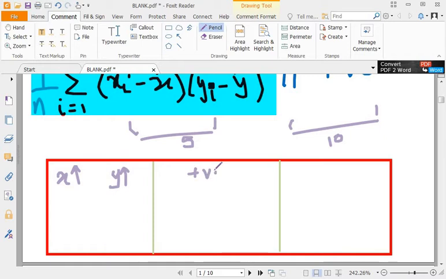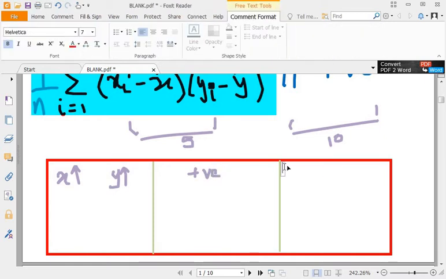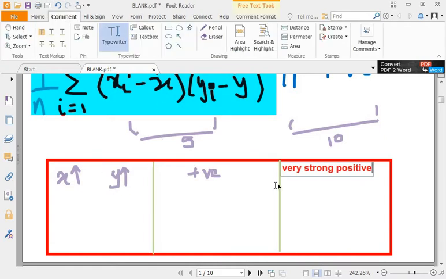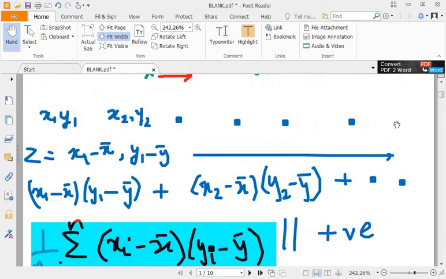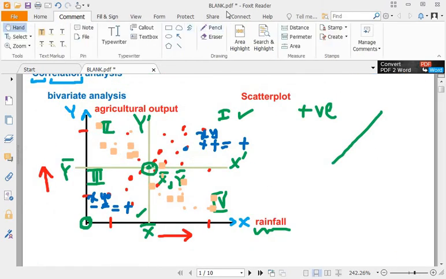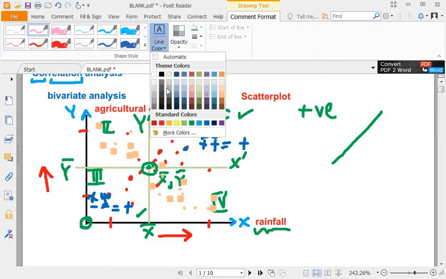So this positive value gives you the conclusion that you have a very strong positive relationship, and essentially this sort of representation of the data gives you a curve which looks like this. As I mentioned before, if you look at the red data points, you will have a curve which looks like this.